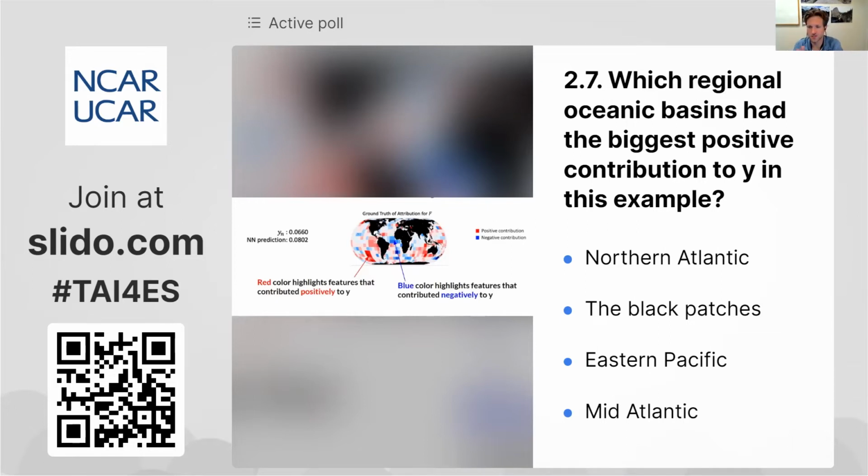Which regional oceanic basins had the biggest positive contribution to Y in this example? You can also select multiple too. There's a little bit of a trick.